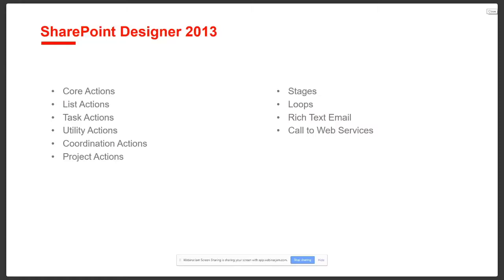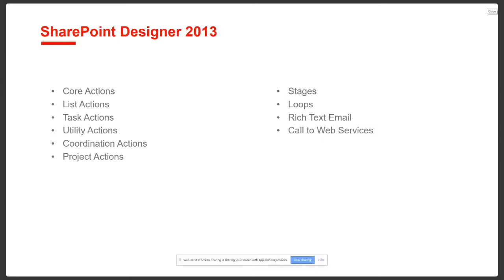In any case, what we are going to take a look at too is the new features, what was really improved and made available in the 2013 version, which are stages. You're able to create a number of set actions and group them into stages, so that way it will make more sense in terms of the development aspect of things.